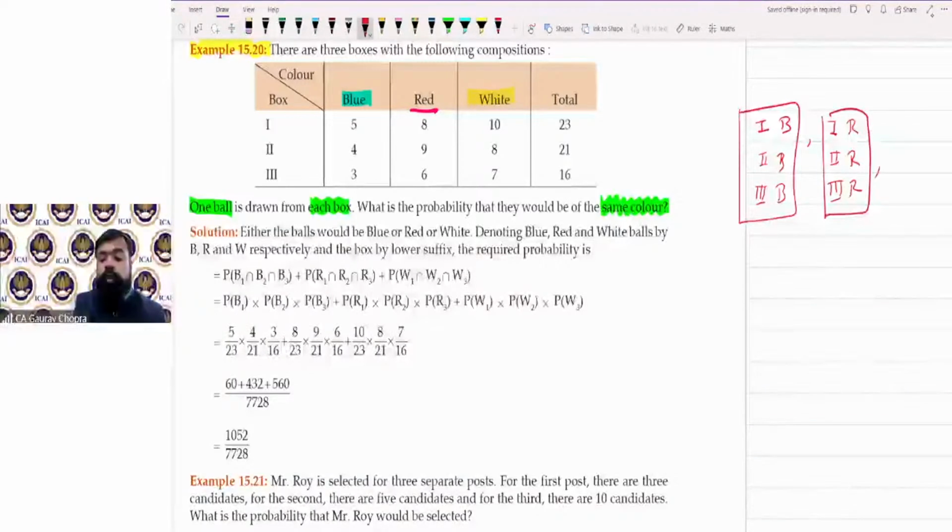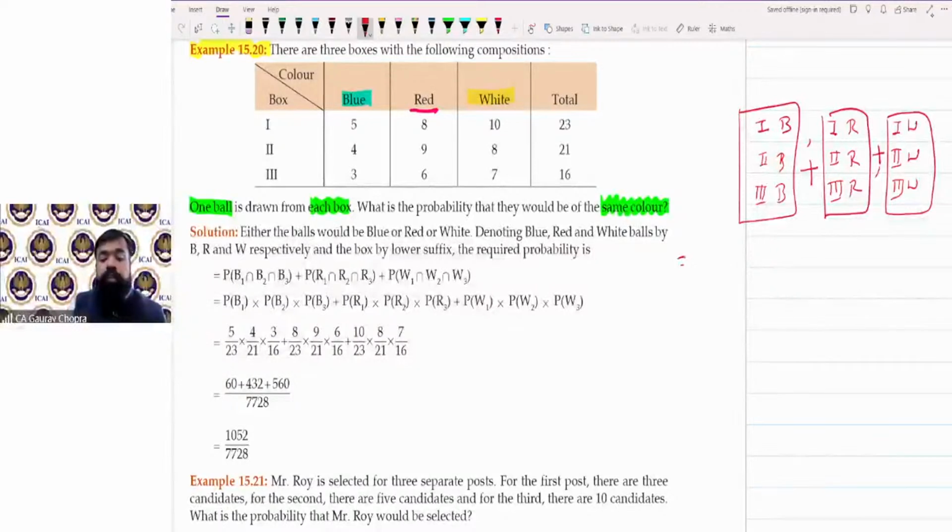Third possibility will be white from first, white from second, white from third. So these are the three possibilities. Now, out of these three cases, which one will occur? Any one will occur. That means we have to use the addition rule, add in between them. We have to use plus sign in between them. So we can apply this.